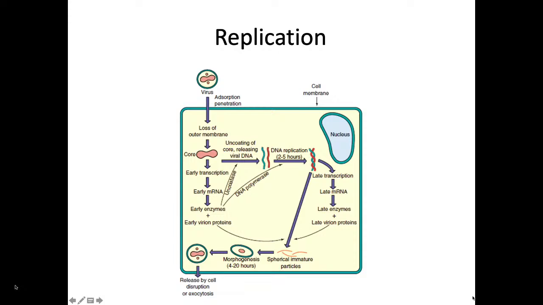Late enzymes are transcriptional enzymes which are found in the virion, and pox viruses bud from cytoplasmic membranes like trans-Golgi network membranes, and they acquire two envelopes. They are released through exocytosis from the cell. It can also be cell lysis and also exocytosis.